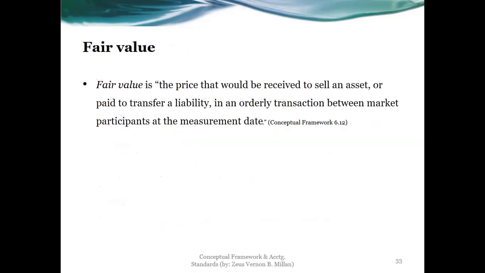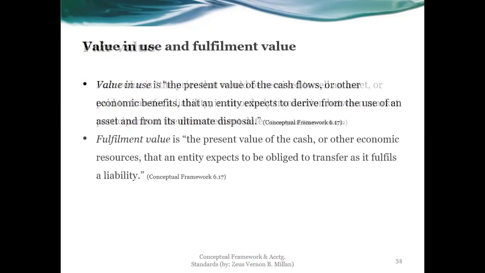All right, what about fair value? If we go to a market and the price has been determined by two willing knowledgeable parties, both buyer and seller, in an orderly transaction, so that's the fair value. After that, we have the value in use, which is the present value of the net cash flows of a certain asset.